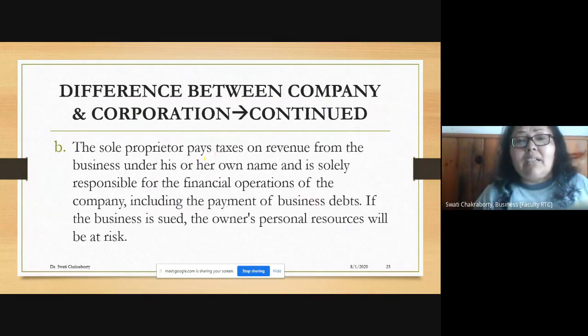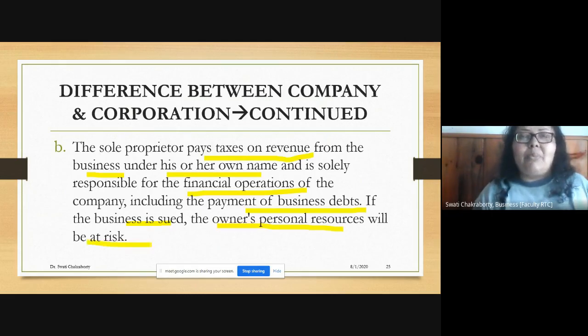The sole proprietor pays taxes on revenue from the business under his or her name, and is solely responsible for all the financial operations, including payment of all the debts. So if the business is in trouble or sued, the owner's personal resources will be at risk, because there's no separation of the business from the owner.